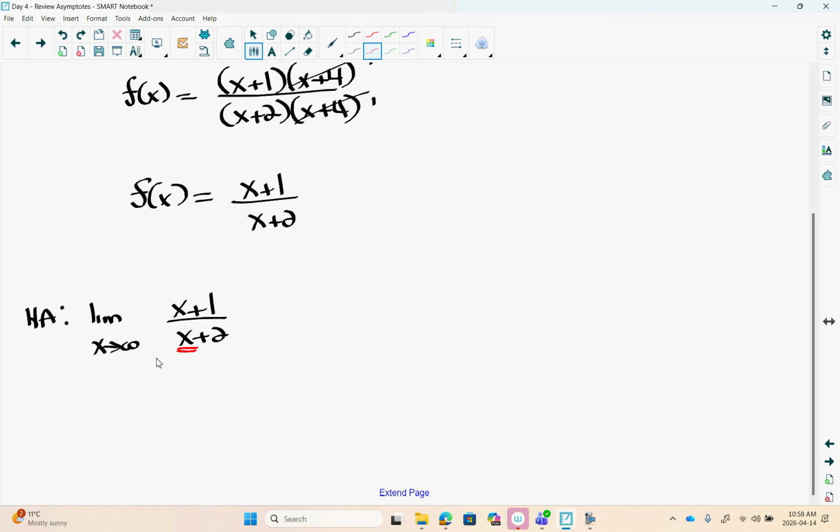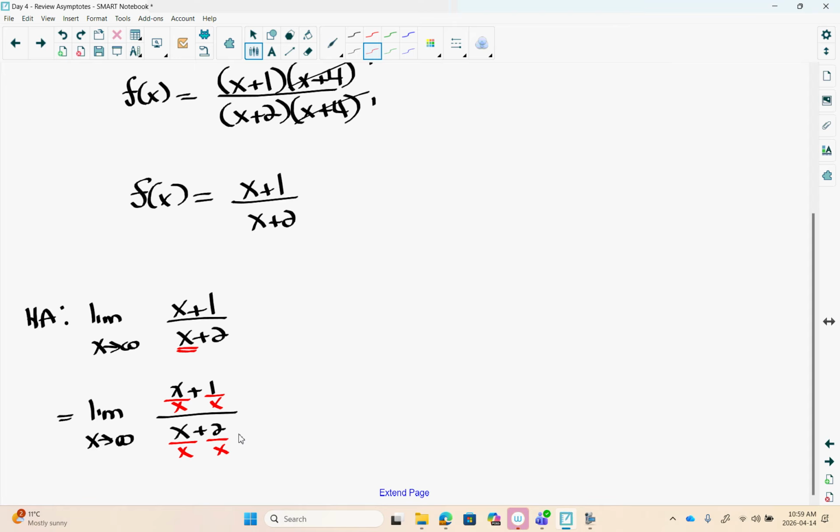This is something that we did in chapter 1 of this course. So my next line will read the limit as x approaches infinity of x plus 1, I'm going to leave a little space, over x plus 2, and I'm going to divide all of these by x. And this is a mathematically legal move.